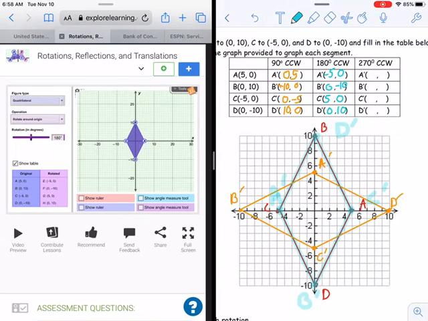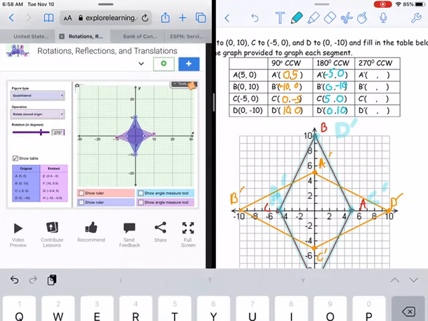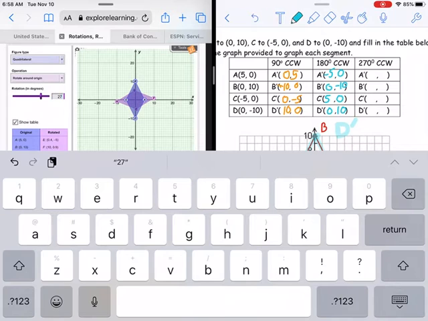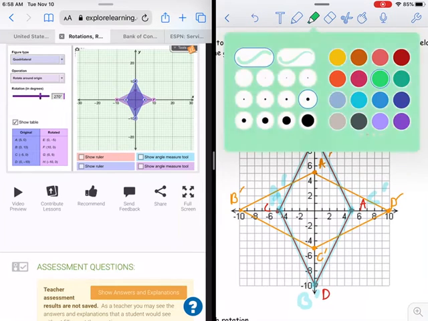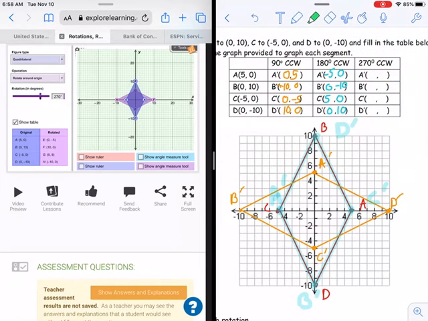All right, and then the last one I should say, because complete would be 270, is boom, it rotates back onto itself again. Or it rotates back onto the 90-degree one. Let's just type it in. Boom. All right, so let's do this one in highlighter as well. Let's pick highlighter green. All right, now A is going to be right here.